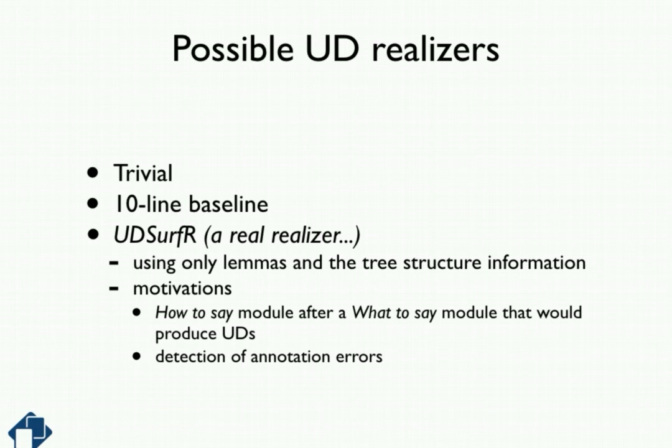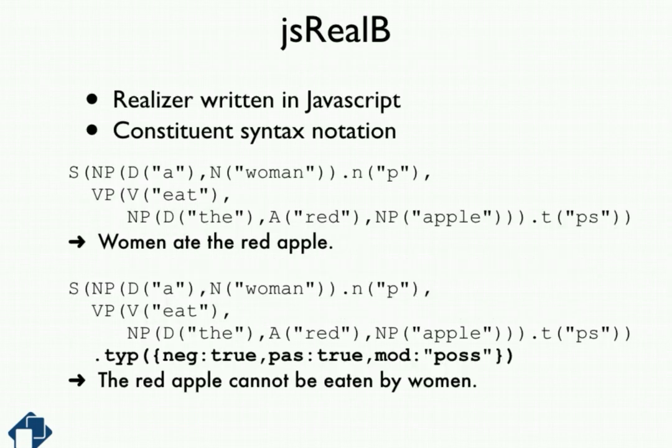Another use would be to detect annotation errors, because universal dependency structures are quite hard to build, even with editors and everything. But it is much easier to see bad dependencies when you see a bad sentence than trying to find a bad link. So this is why I want to start from the standard universal dependency notation.